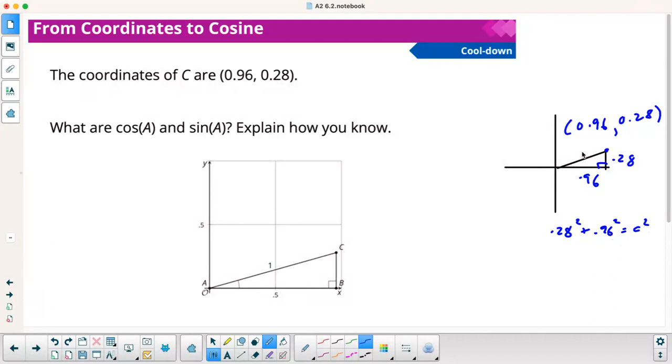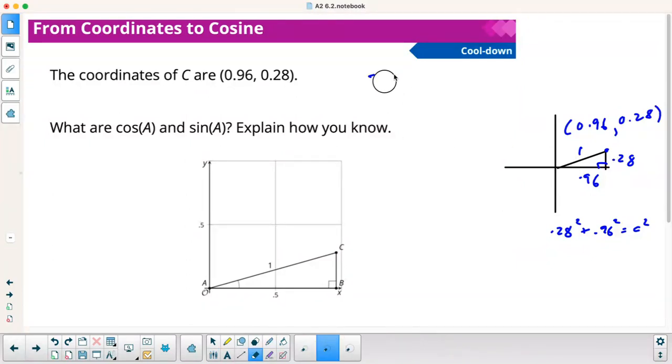I actually get 1. So right there, I guess it doesn't really ask me to do anything else. I could find anything I wanted, sine, cosine, or tangent there. So it'd be opposite over hypotenuse.